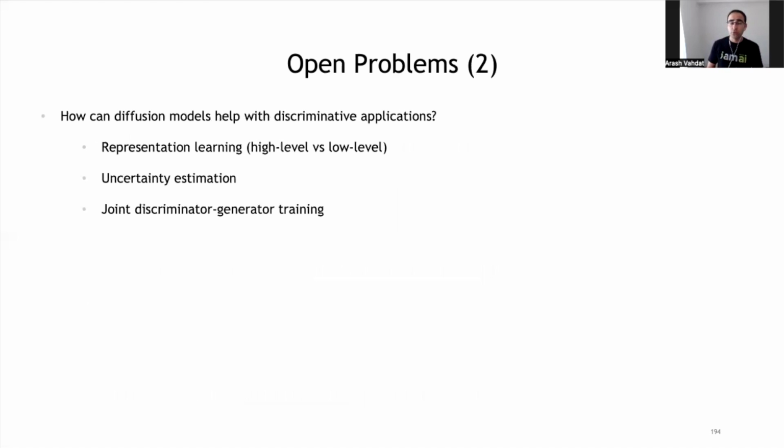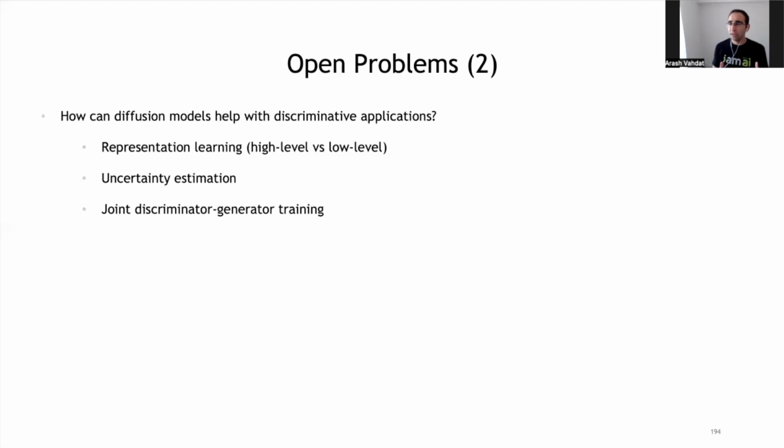In this talk, we mostly focus on generative applications, but one open problem is how we can use diffusion models for discriminative applications. For example, one way of using diffusion models might be for representation learning, and we might be able to tackle high-level tasks such as image classification versus low-level tasks such as semantic image segmentation. These two may require different trade-offs when we're trying to use diffusion models to address them.